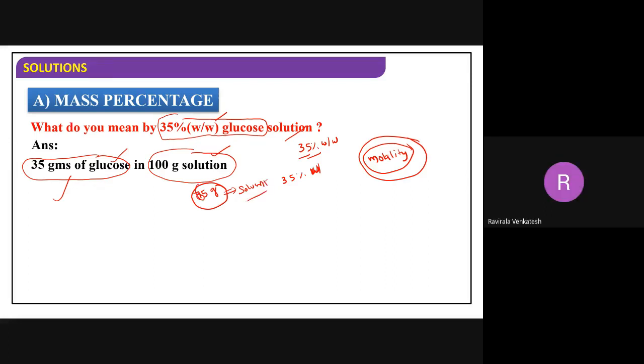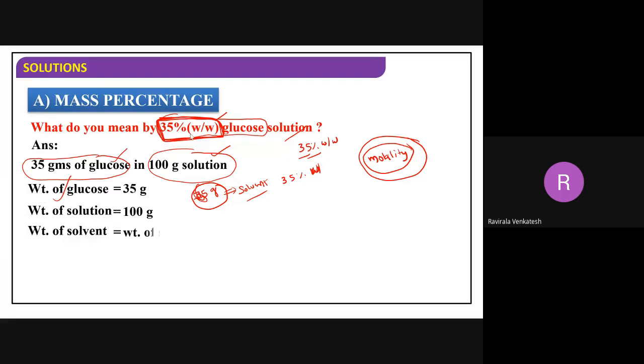You have to collect the data by using this expression. Three data you are collecting here: weight of the solute, weight of the solvent, weight of the solution. This is important for us. Now you got the step of the answer here.